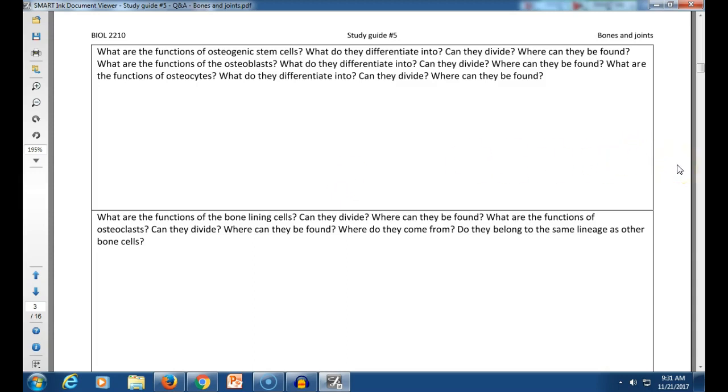Functions of the osteogenic stem cells. They become osteoblasts. Can they divide? Yes. Where can they be found? Pretty much at the edge between periosteum and the bone itself.